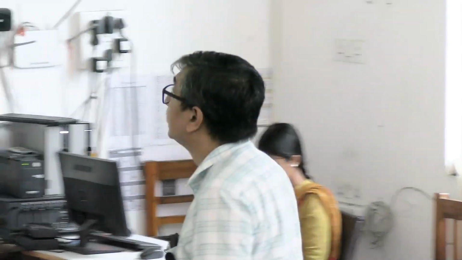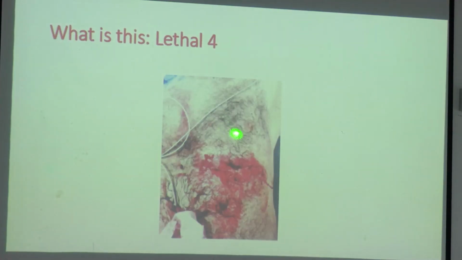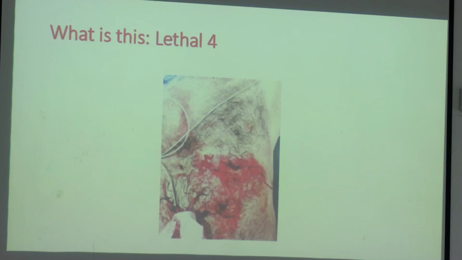Okay. What is this? Can you tell me what this is? It's a chest, it's a nipple. Do you remember? Stab wound, definitely. Stab wound or some penetrating injury, no doubt. So what problem could this be?